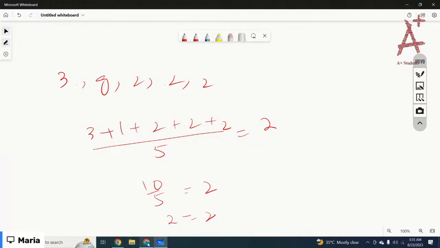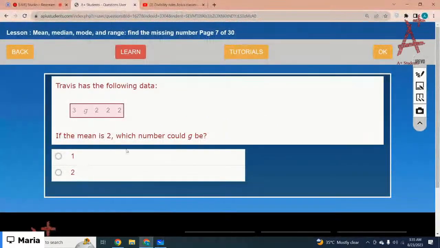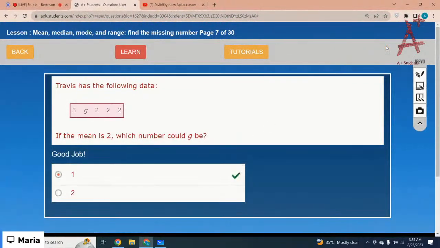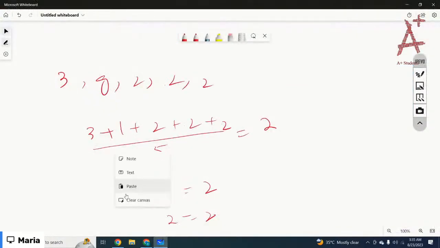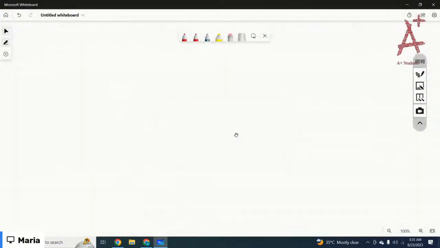Yes. Okay, the next one is Kerry has the following data. If the mean is 6, what number could W be? The data is 1, 1, 18 and W. The mean is 6. 1 plus 1 plus 18, right?